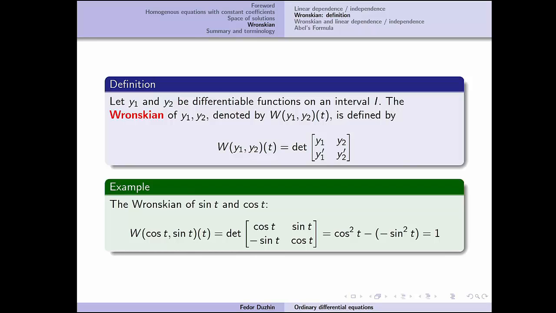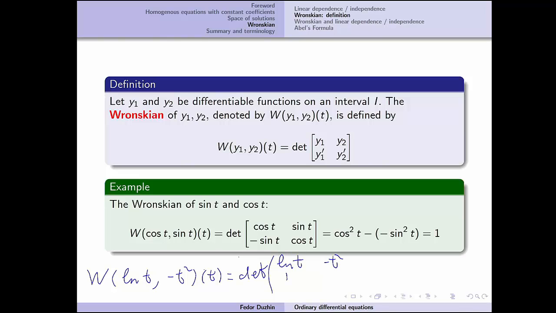Right? So here is, for example, how we can compute the Wronskian of sine t and cosine t. But if you want, say, the Wronskian of two random functions, say ln t and minus t square, it is doable, and it is going to be a function of t. So we write the determinant of this matrix, ln t, minus t square.